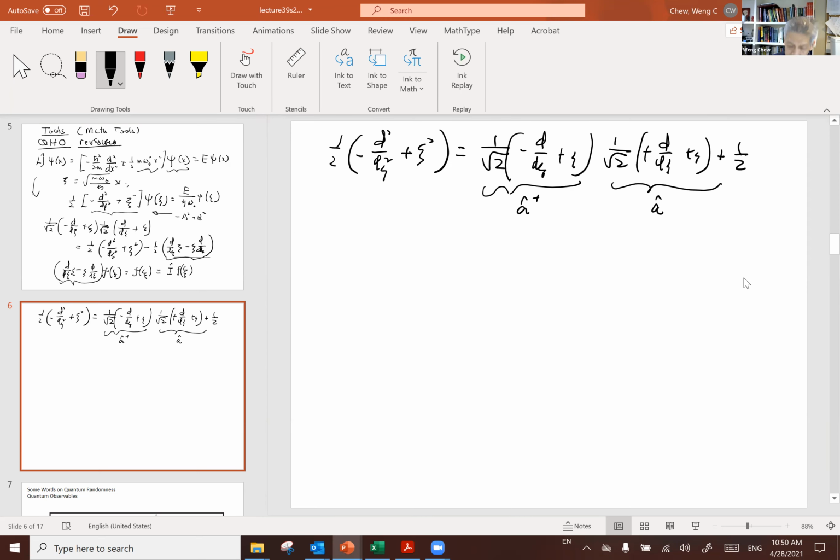So you actually have this being equal to A dagger A plus half. Okay. And then you have this Schrodinger equation that I have previously.